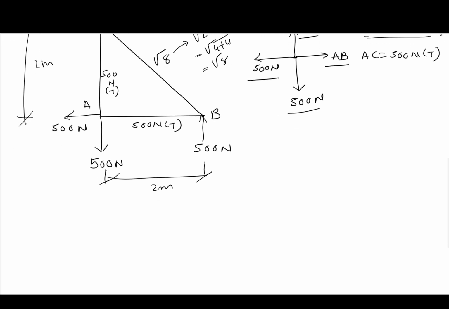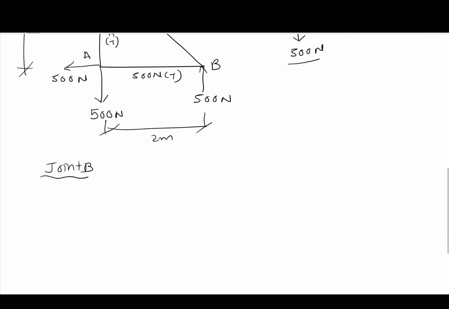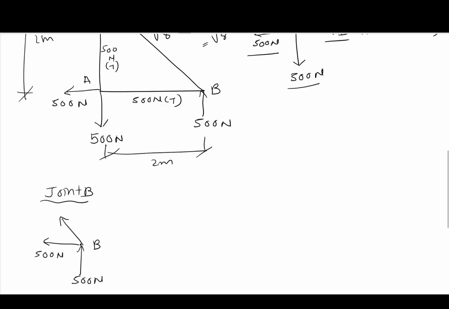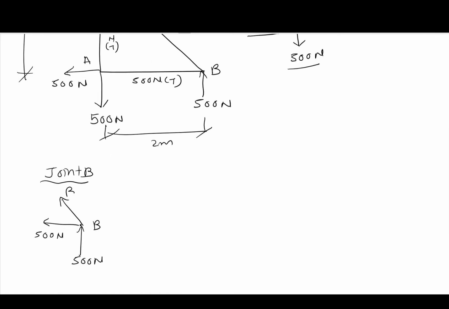Now we can find the member force BC. To find the member force BC, we can use joint B. Joint B has a 500 Newton force up. We found this tension force is 500 Newton, and there is a force here which is BC, and this triangle here is 2, 2, square root 8.